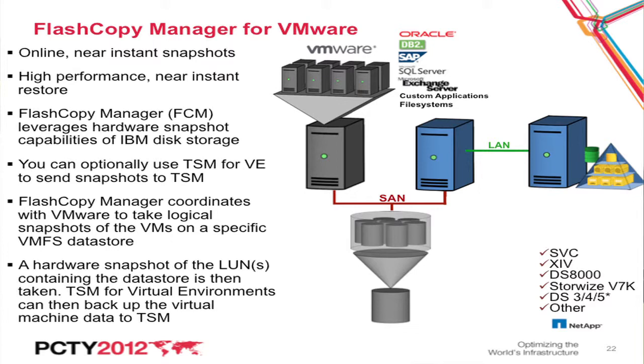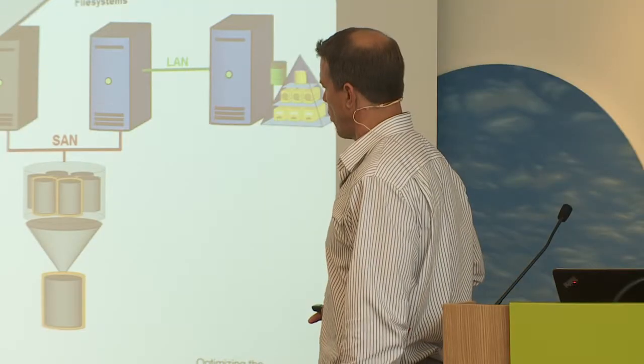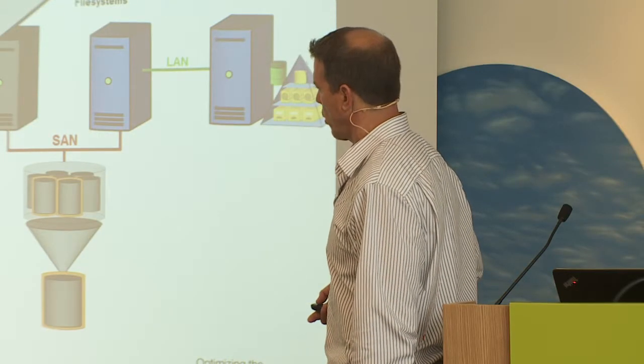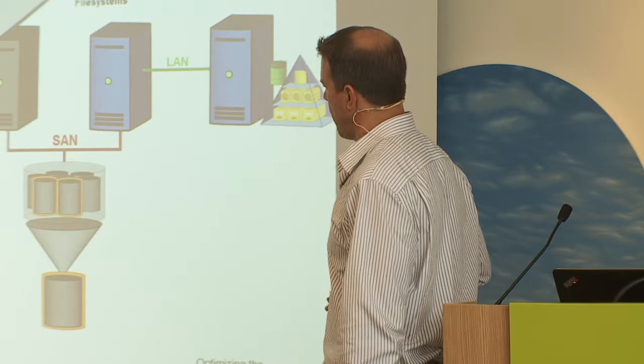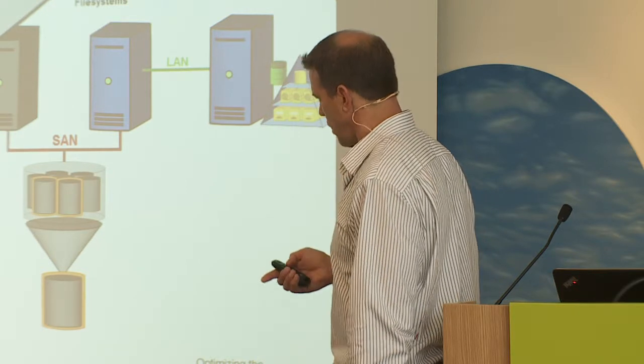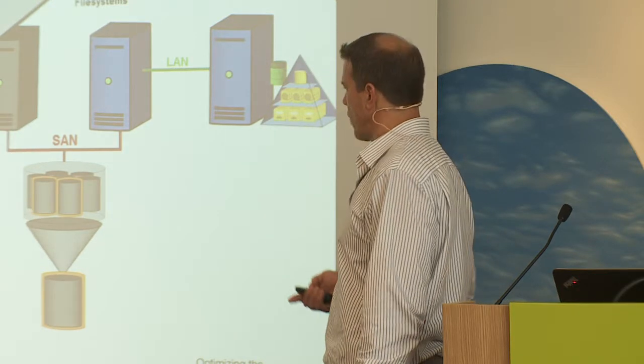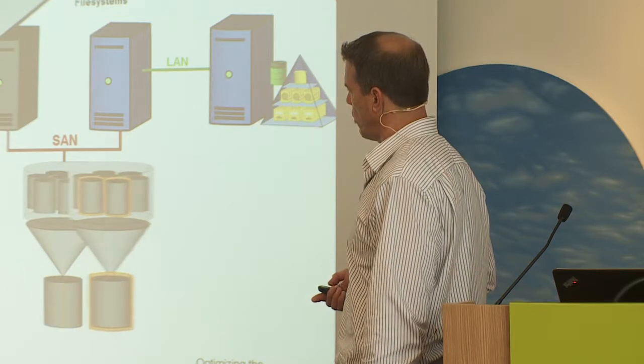So this actually writes to the vSphere API as well. And under the covers, it basically can leverage FlashCopy capabilities of the hardware. So it coordinates with VMware, and then it takes snaps of the disks that the VMware images, or VM volumes, are on.